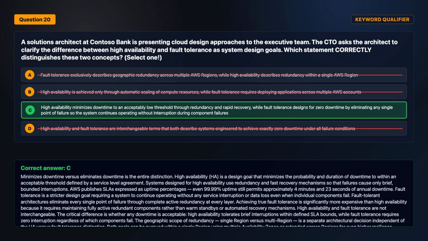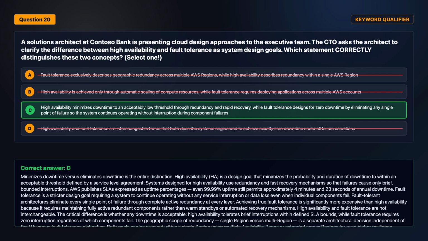Fault tolerance is a stricter design goal requiring a system to continue operating without any service interruption or data loss even when individual components fail. Fault-tolerant architectures eliminate every single point of failure through complete active redundancy at every layer.